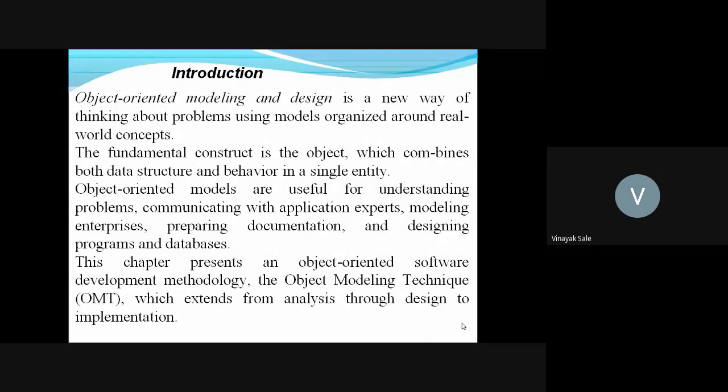So object oriented modeling and design is a new way of thinking about the problems using models organized around the real world concepts. So it is a new way of thinking about the problem regarding the models which are generated around real world concepts.